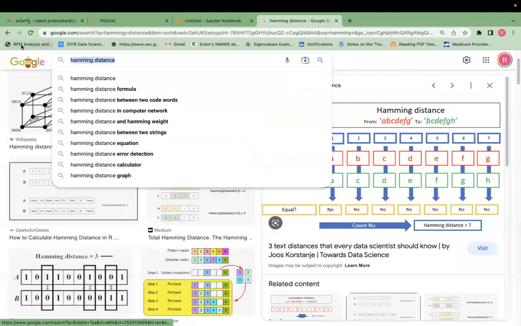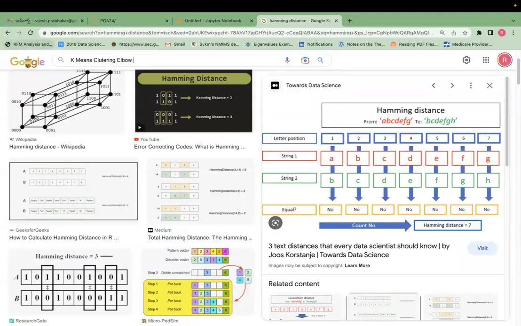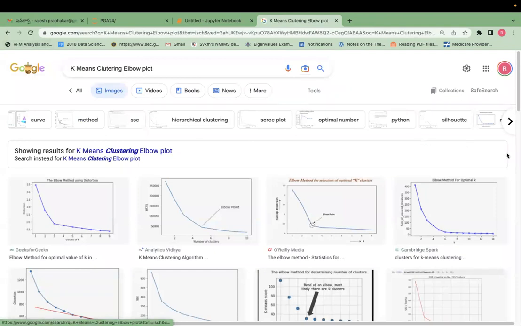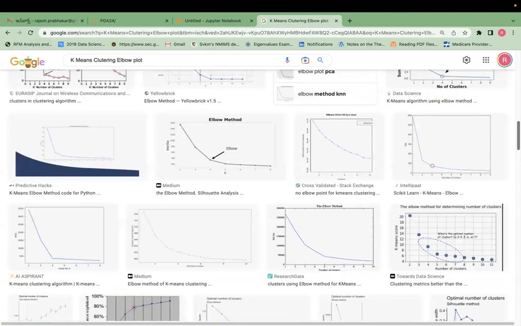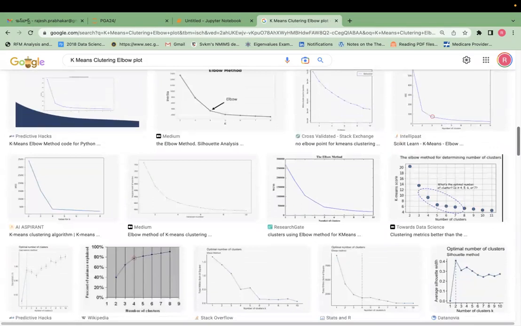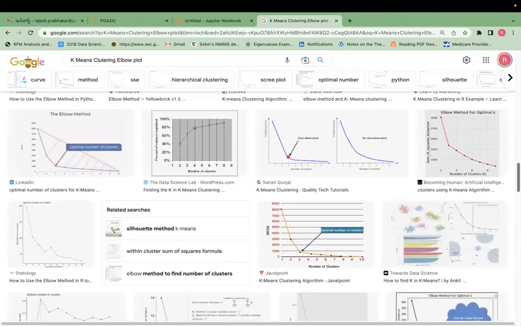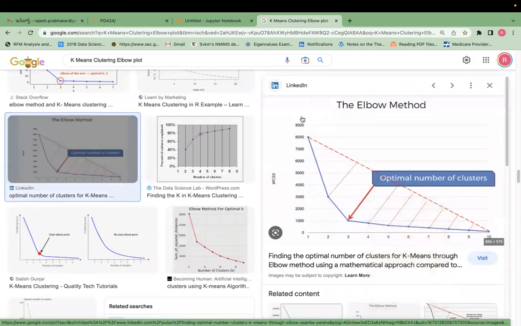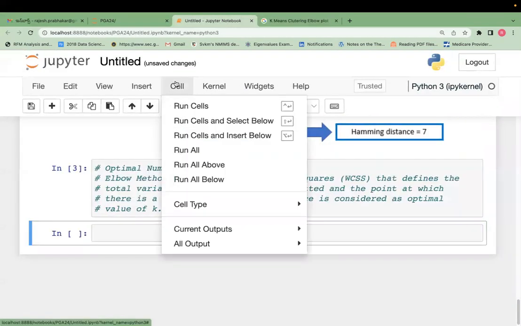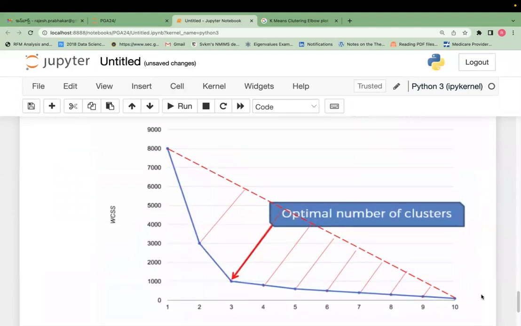Now, if you are looking at the elbow, once you plot your WCSS and the K values, you will get a plot like this.